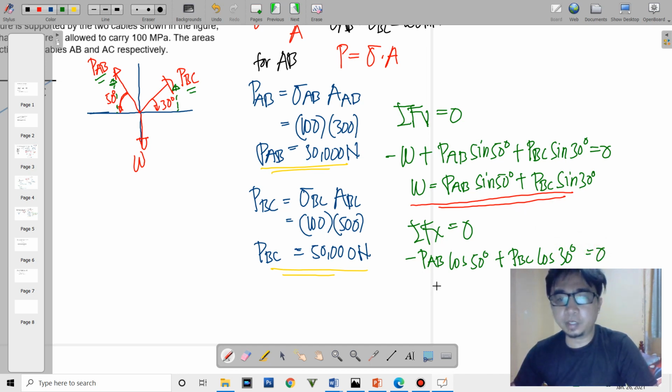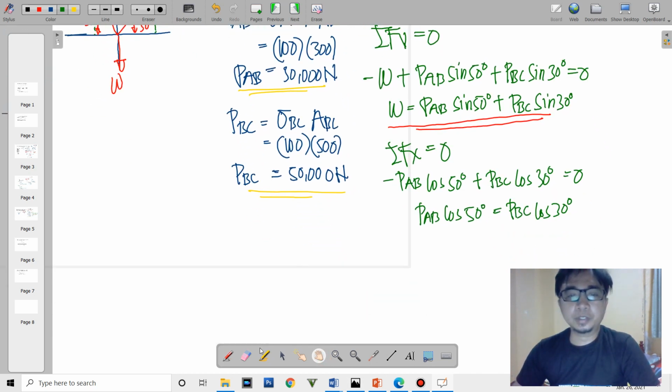So we can simply say that PAB cosine 50 is equal to PBC cosine of 30 degrees.